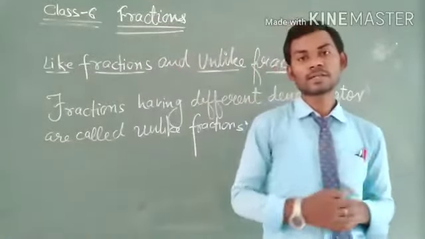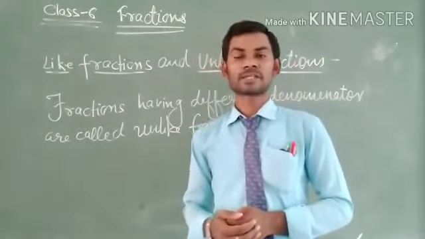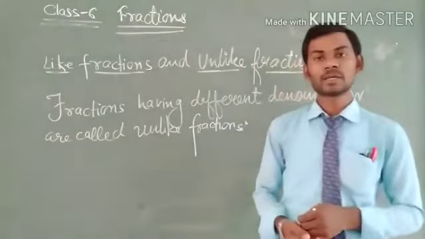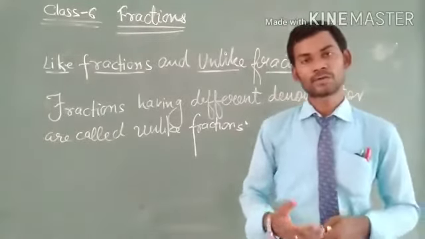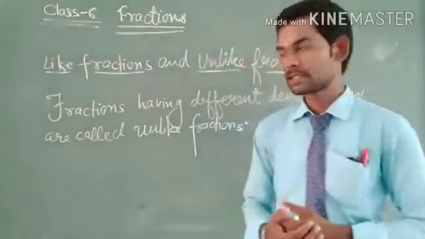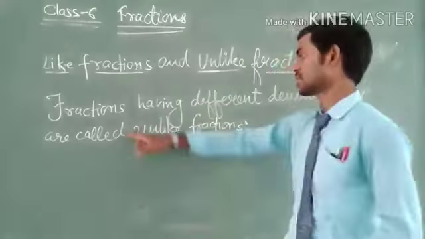Why do we say the converse? Because we know that in like fractions the denominators are the same, but in unlike fractions the denominators are different. So we can say that the converse of like fractions is known as unlike fractions.